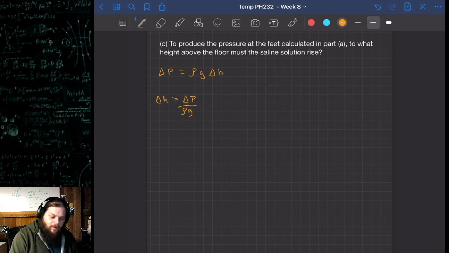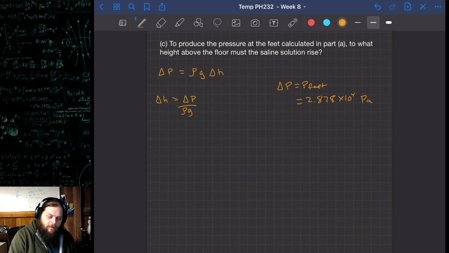So I can say delta P is equal to the pressure at the feet, which is going to be equal to 2.878 times 10 to the fourth pascals. Remember, rho is equal to 1060 kilograms per meter cubed density, and gravity is equal to 9.81 meters per second squared.